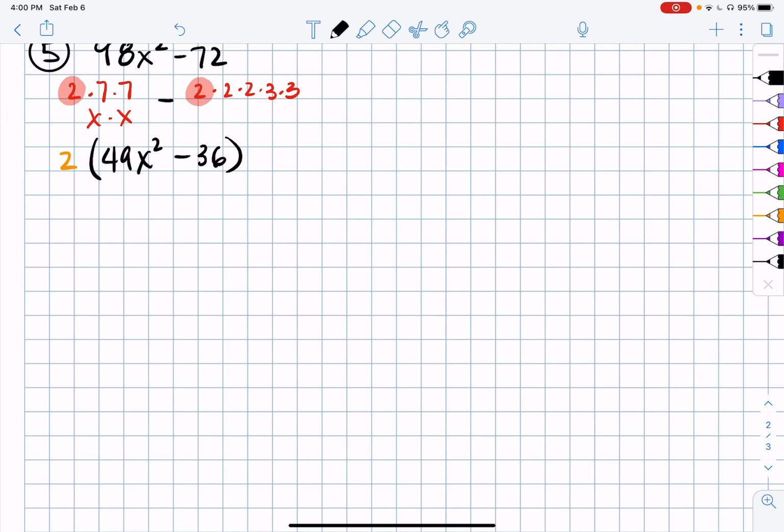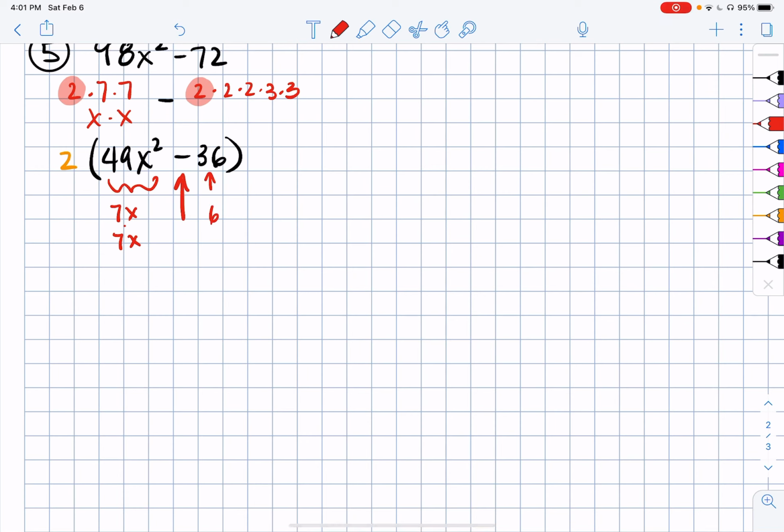So what I have left right here is a binomial. So I got to ask myself, is it the difference, meaning subtraction? Yes. Is it of two perfect squares? So is this a perfect square? And the answer is yes. And how do I get those two numbers? Well, I get those two numbers by doing 7x times 7x. Okay? Is this a perfect square? Yes.